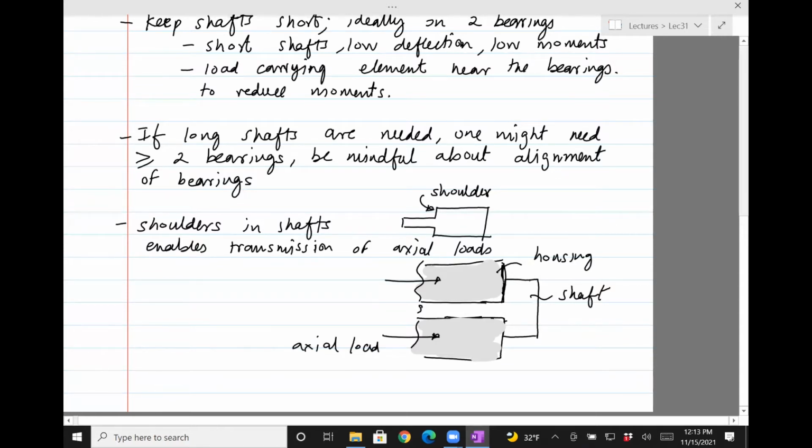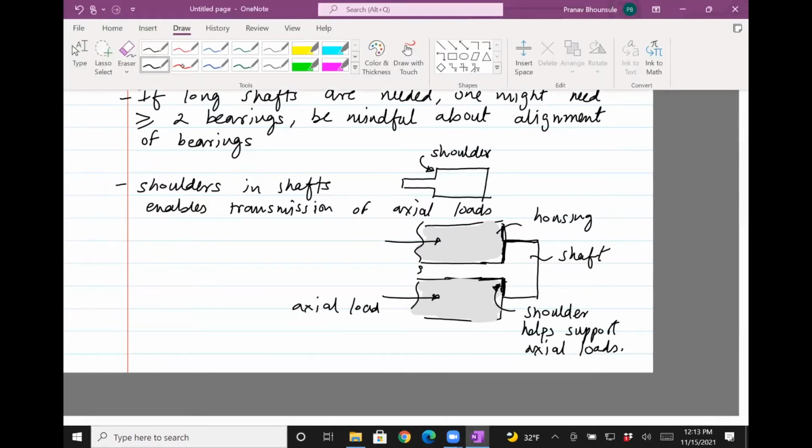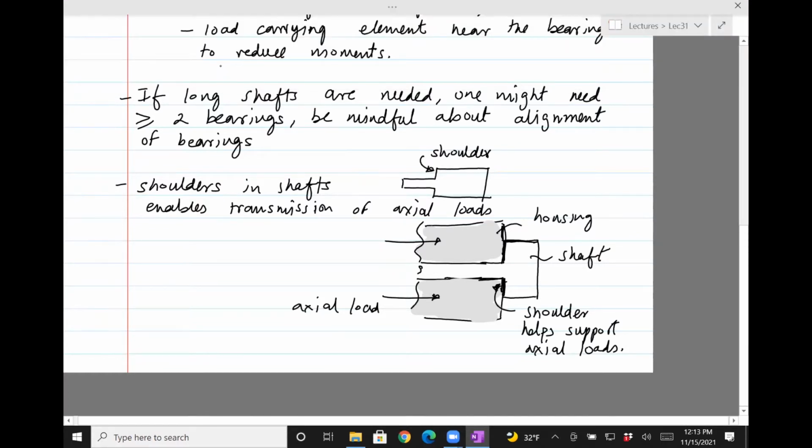Now you see that the advantage of the shoulder is that it can carry that axial load. Shoulder helps support axial loads.